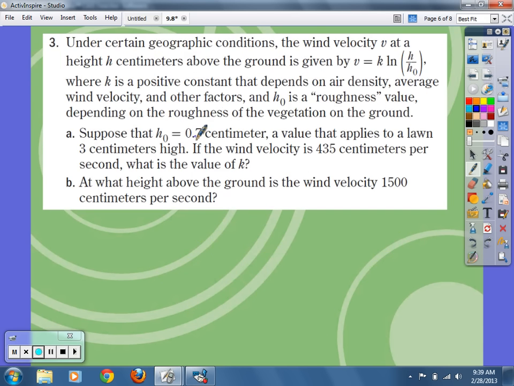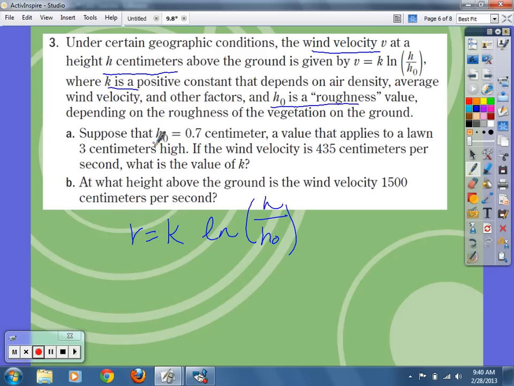Another example. Under certain geographic conditions, the wind velocity V, so wind velocity, height h is in centimeters. Here's the formula. V equals K, natural log of h over h sub o. K is a positive constant. Average wind velocity and the other factors. h sub o is a roughness value.